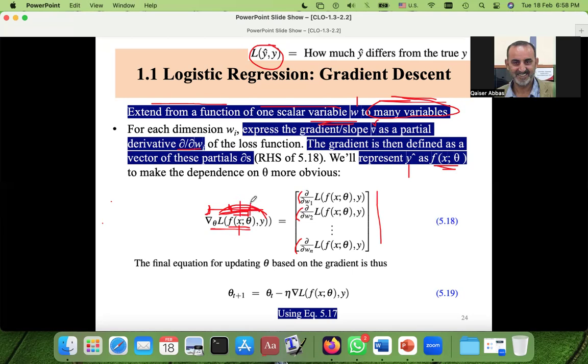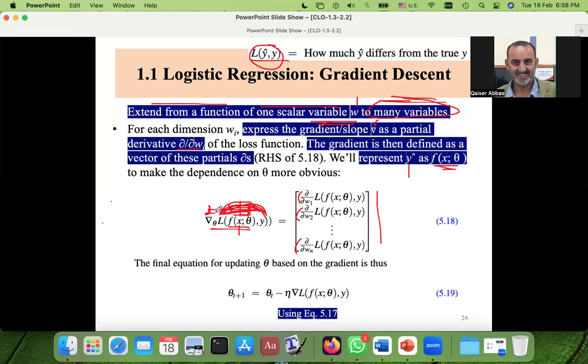We will change these weights and we will get the minimum one. This equation is representing the previous equation, the loss L of y cap, y.